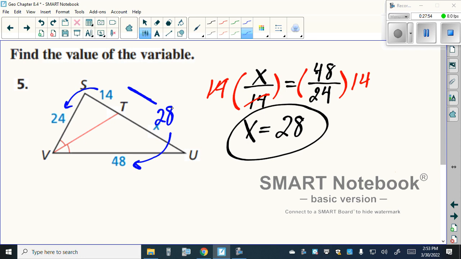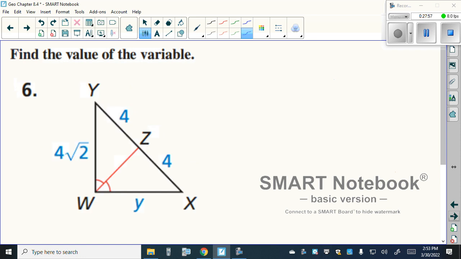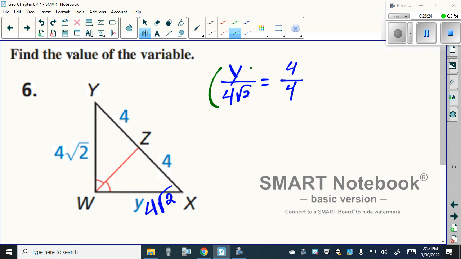Okay, last one on y'all's note sheet is this one here, yes? Can anybody take a guess before doing anything of what y is going to be? And if we look at this, we could say y over 4 square root of 2 is equal to 4 over 4, which we can multiply both sides by 4 square root of 2.